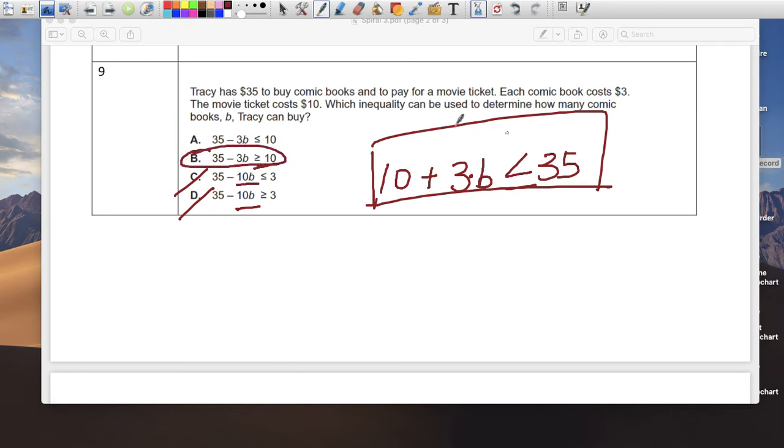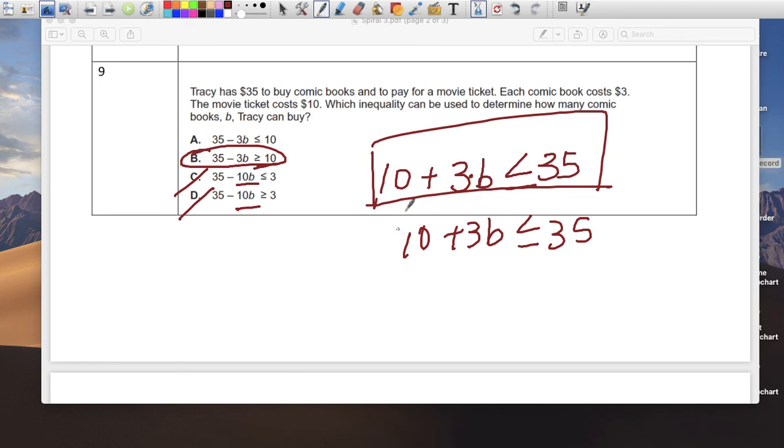Now, if we were to play around with this equation, let me just rewrite it again. 10 plus 3b less or equal to 35. Let's move things around. What a weird question. What weird multiple choice answers. $35.